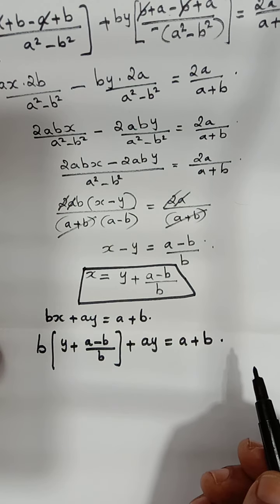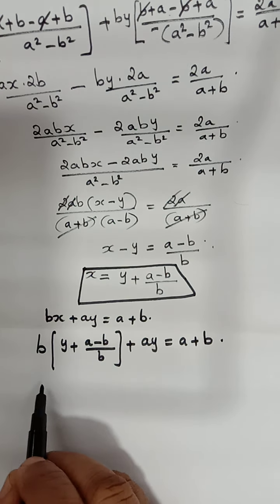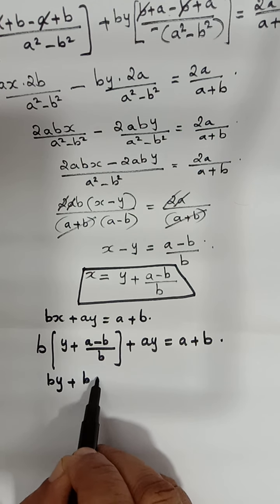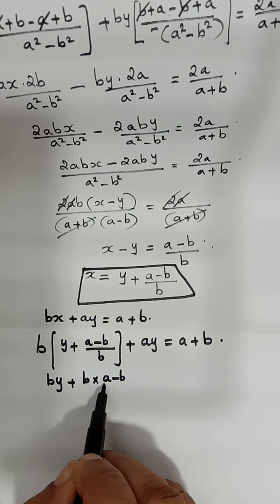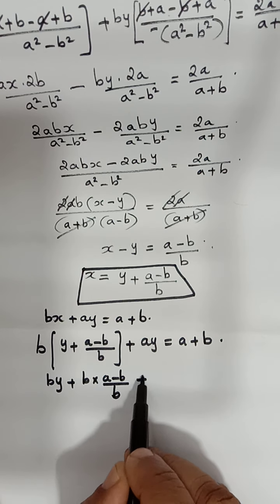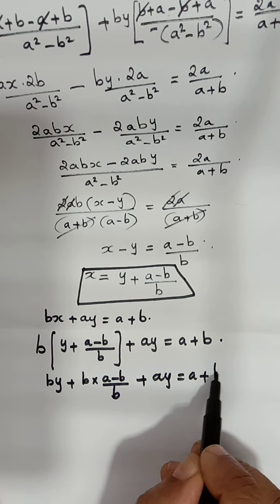Okay. So now how we will cancel? Here we can open the bracket. b into y is by plus b into a minus b by b, plus a y equal to a plus b.